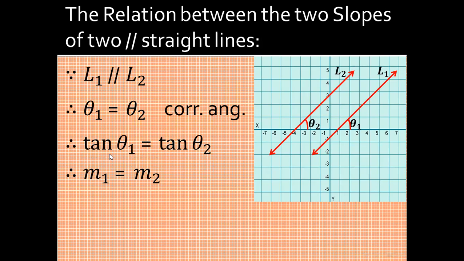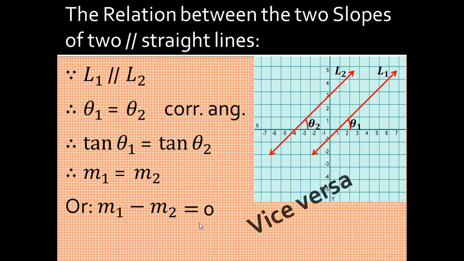So tan theta 1 equals the slope m1, and tan theta 2 equals the slope m2. From here we can say that m1 equals m2, that means the difference between the two slopes equals 0 because they are equal.